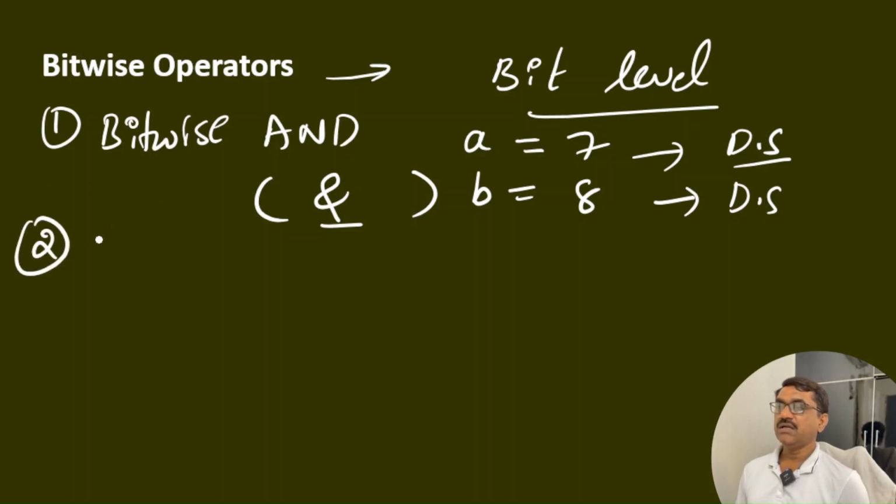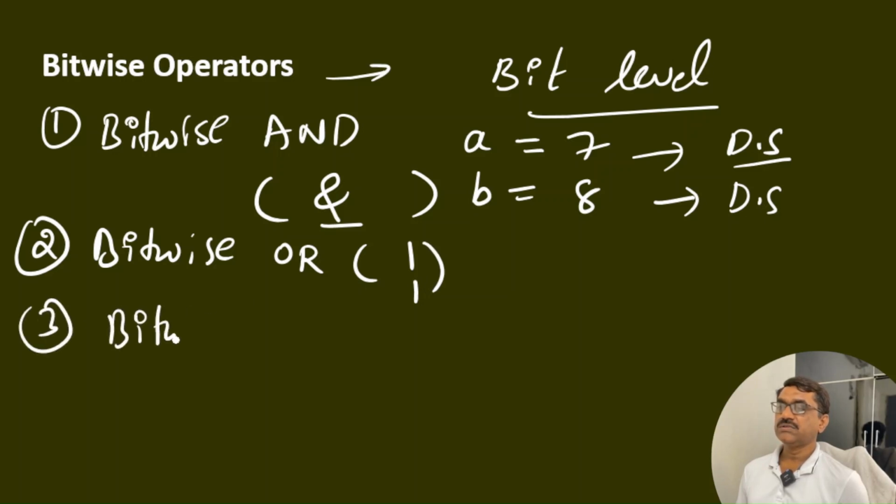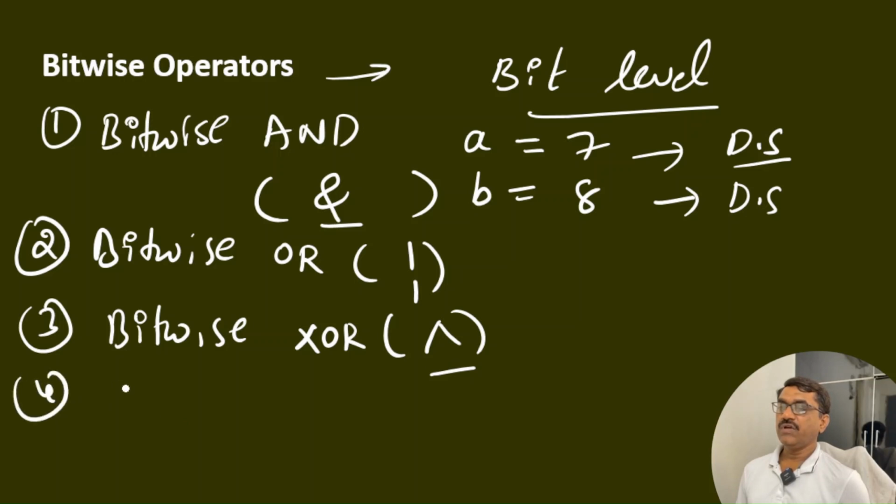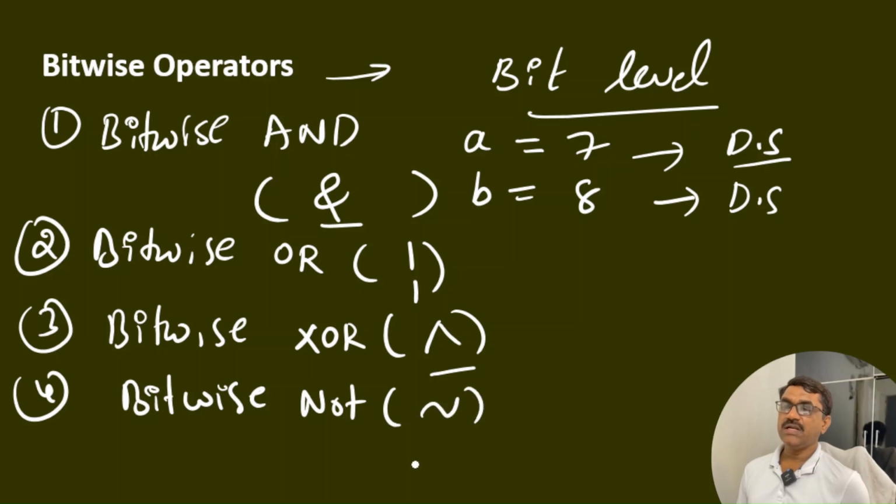After bitwise AND, the second one is bitwise OR. Here we use the pipe symbol. The third one is bitwise exclusive OR. This is denoted by the caret symbol, right? And the fourth one is bitwise NOT. This is represented by the tilde symbol.